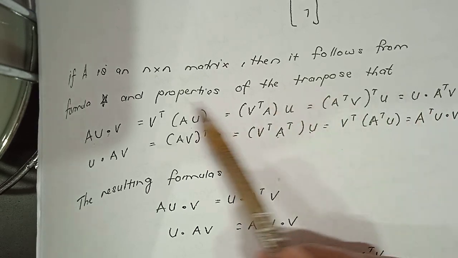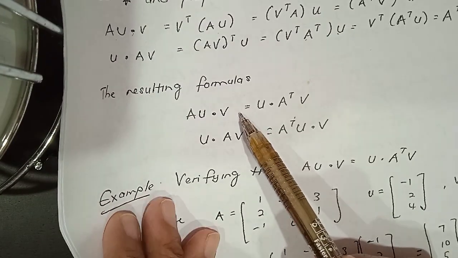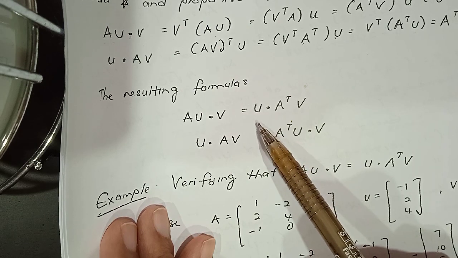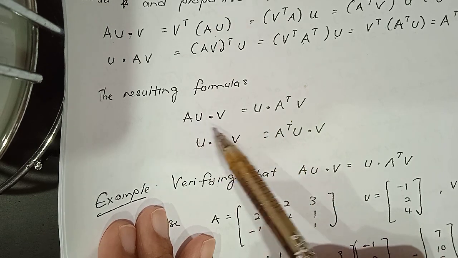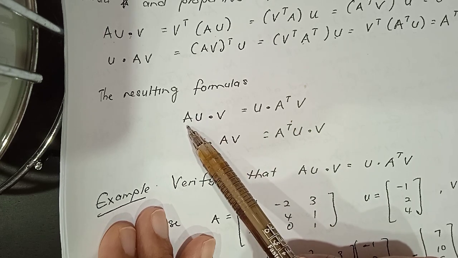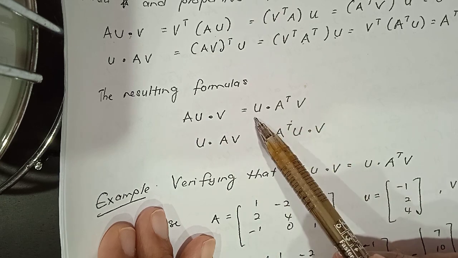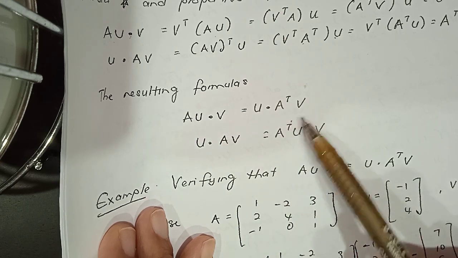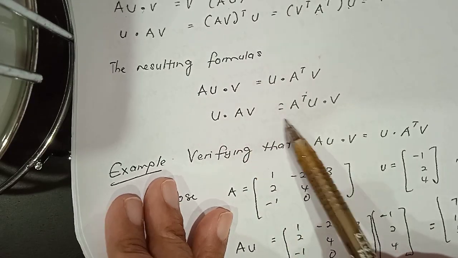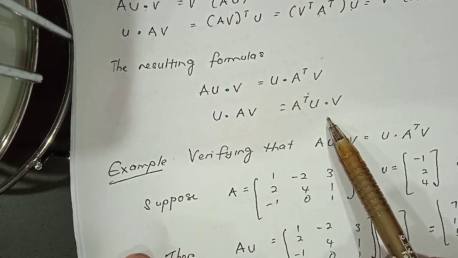So having this, the resulting formula gives the two inner product equations, where A is the matrix, and u and v are the vectors: Au dot v equals u dot A transpose v, and the second one, u dot Av equals A transpose u dot v.